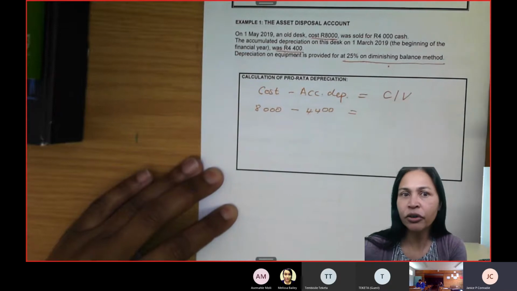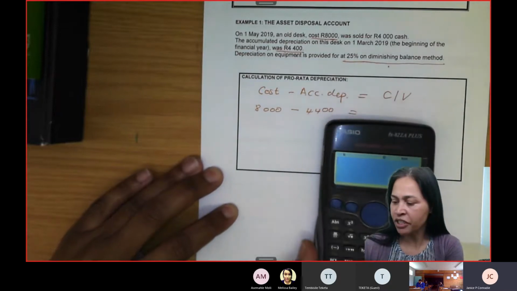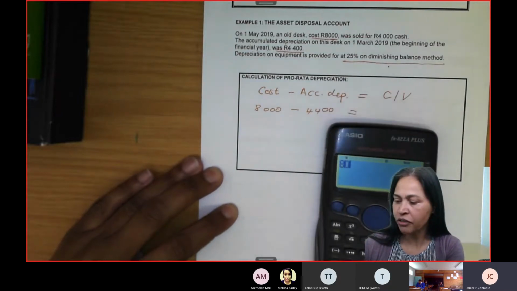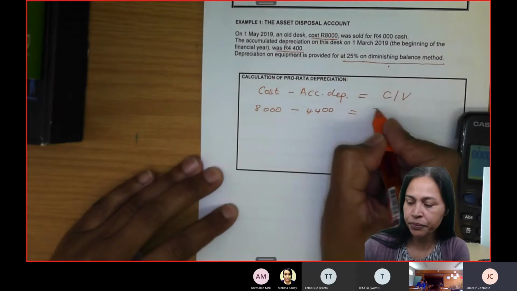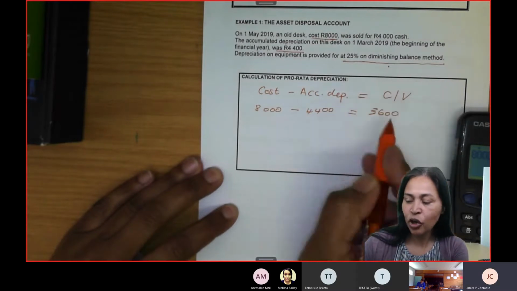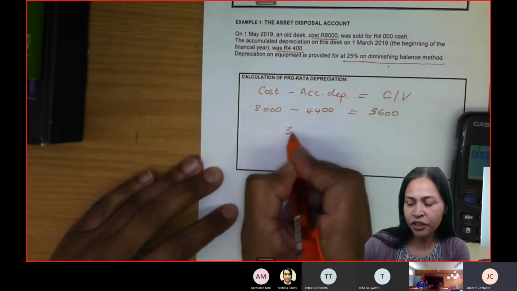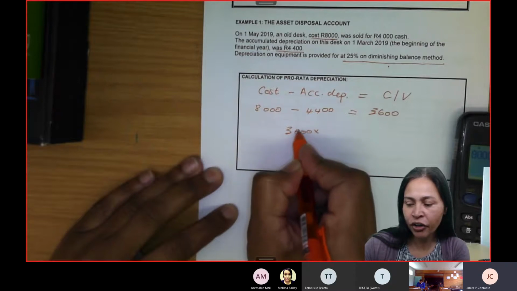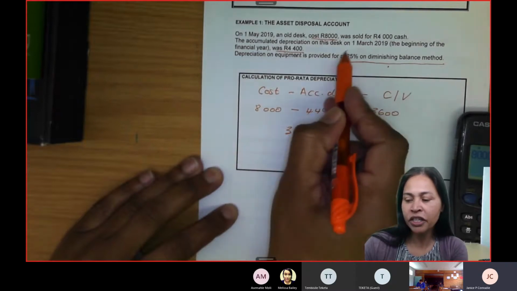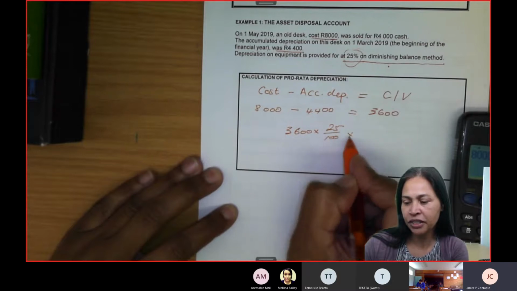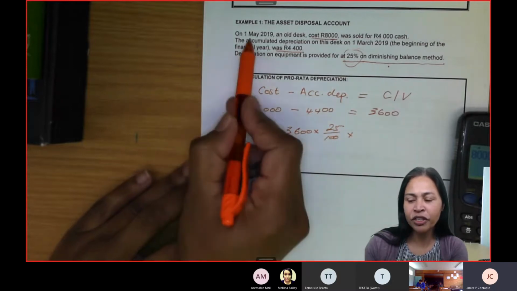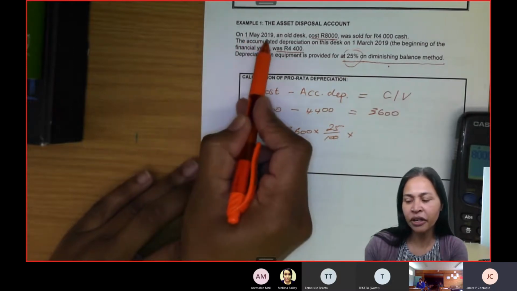If you take your calculator, and we're going to do this step by step, you have your 8,000 minus your 4,400 gives us a carrying value of 3,600. So on this 3,600, you now calculate the 25% depreciation.